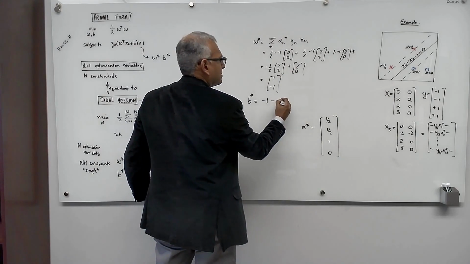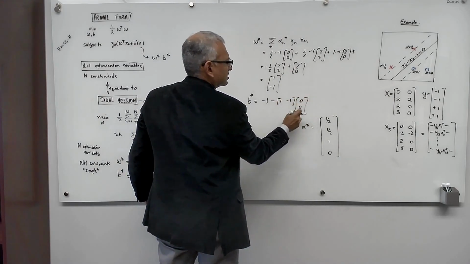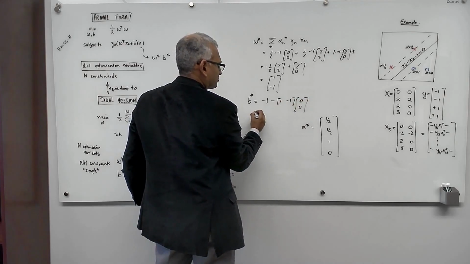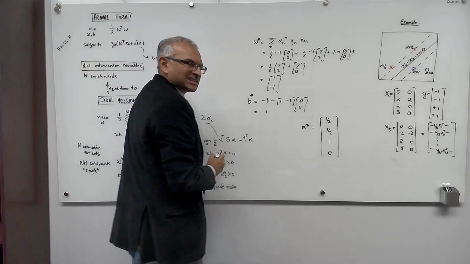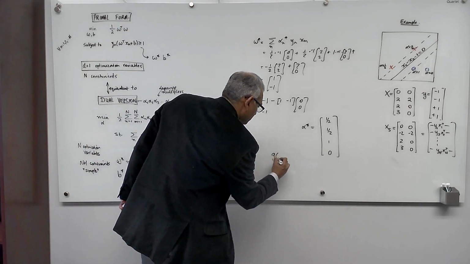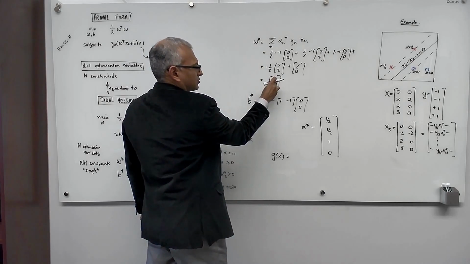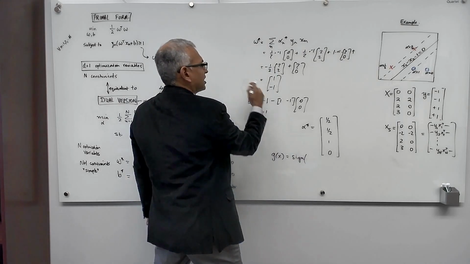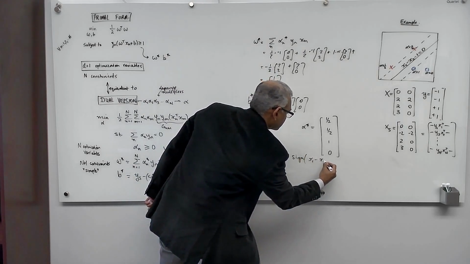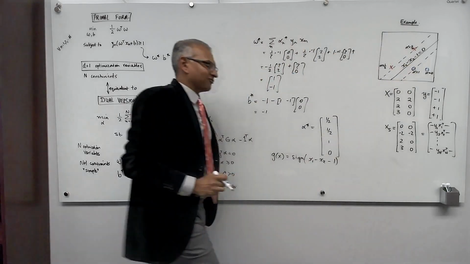Because this is (0, 0), that just gives me 0. So this is just -1. So my classifier g(x) is the sign of W star transpose x plus b star, which is x1 minus x2 minus 1. Exactly what we got before.